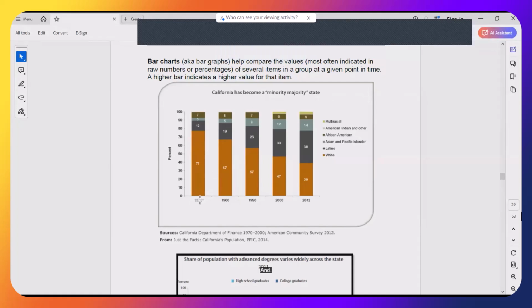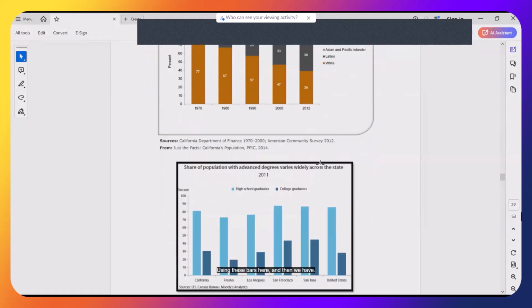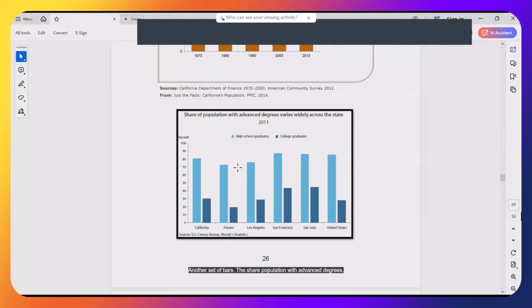And we can see from the 70s up until 2012 that the racial makeup has changed using these bars here. And then we have another set of bars, the share of population with advanced degrees. And here's a comparison between the US as a whole, California, and then 4 California cities. And we can see the graduation rates from high school and college here.